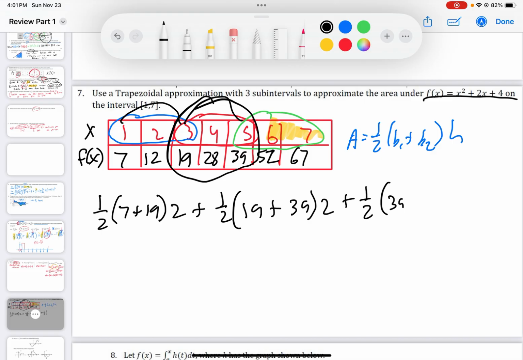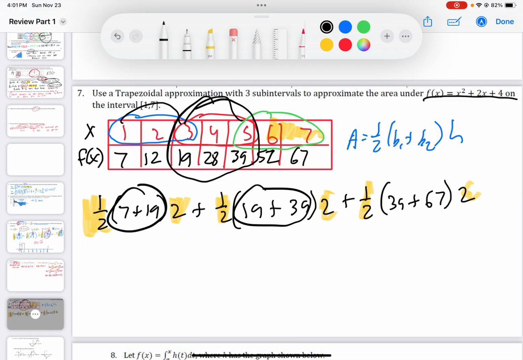And then 39 plus 67 times 2. All right, so each one of these, the 1/2s and the 2s will cancel each other out. So what I get is 7 plus 19 plus 19 plus 39 plus 39 plus 67 is 190. That would be an approximation of the exact area under the curve using 3 trapezoids.